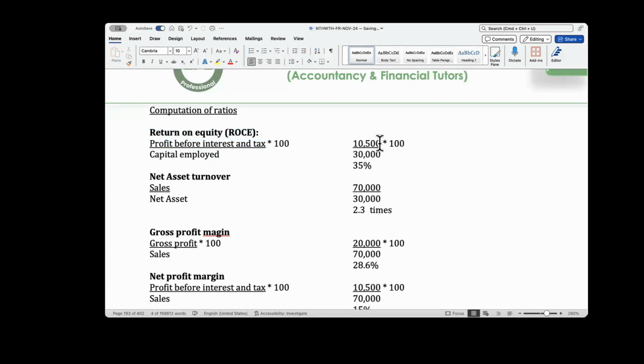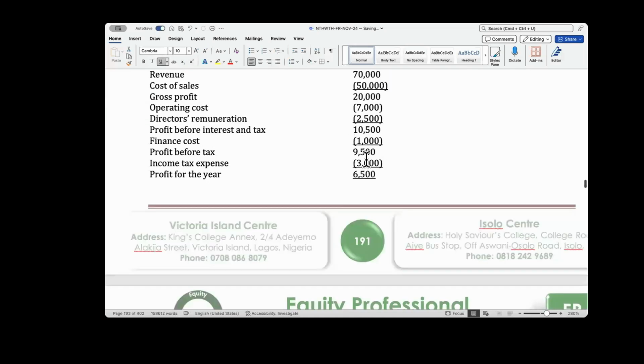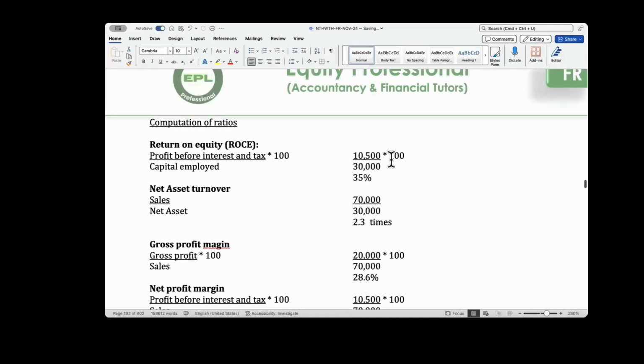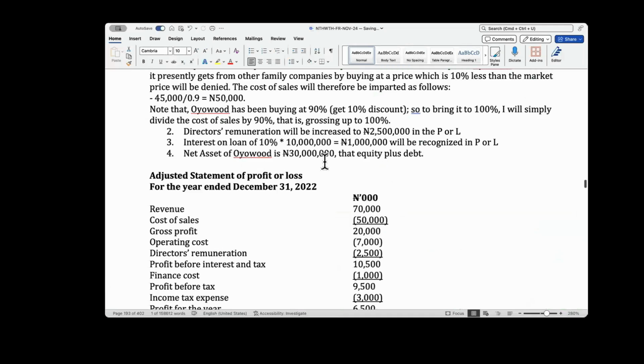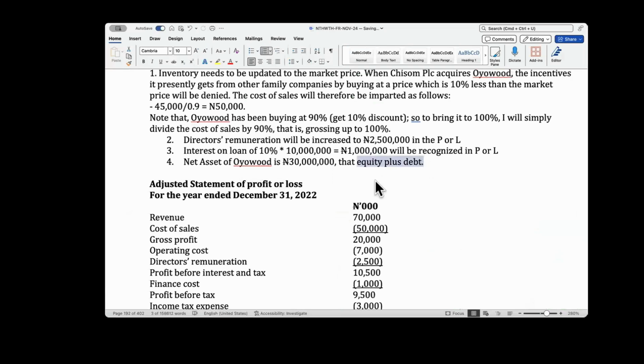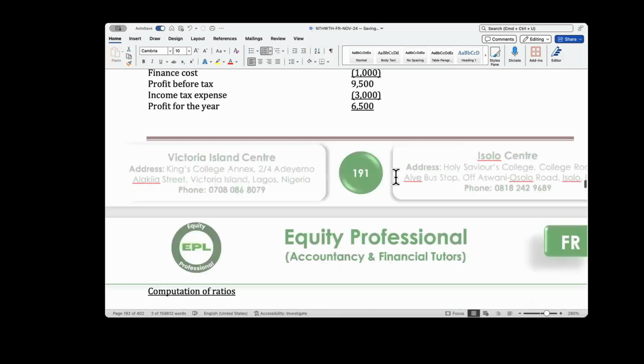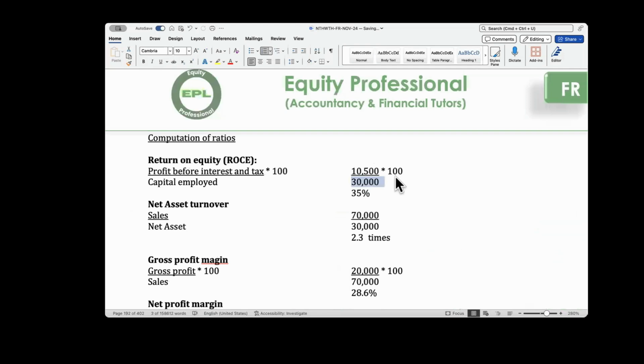So my PBIT is 10.5, meaning the recomputed PBIT, all over the capital employed. I use 30 million, which is the price they said they will buy Oyowood for. And they told me that is equity plus debt. So that's the value of Oyowood now, not the one in the balance sheet anymore.